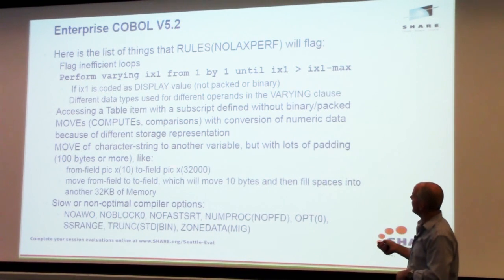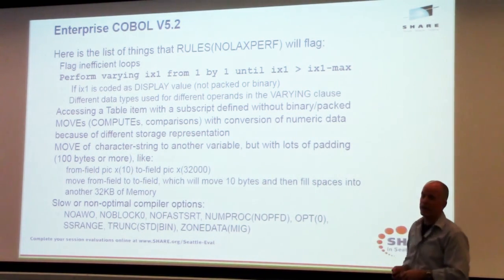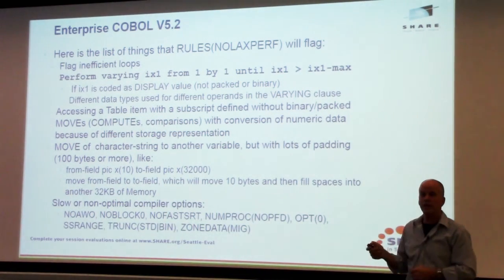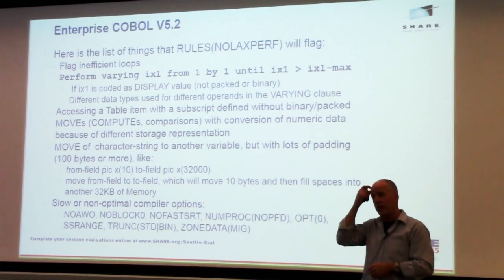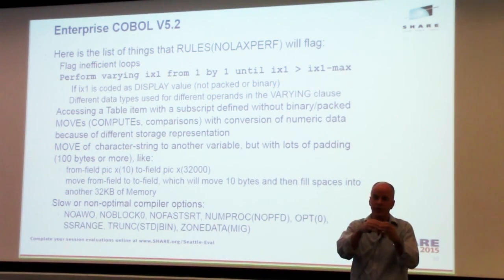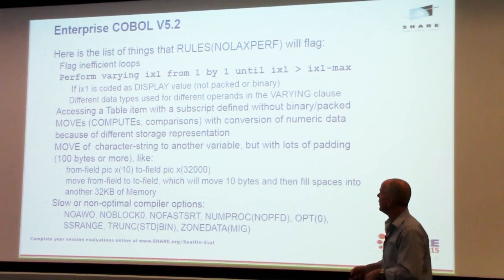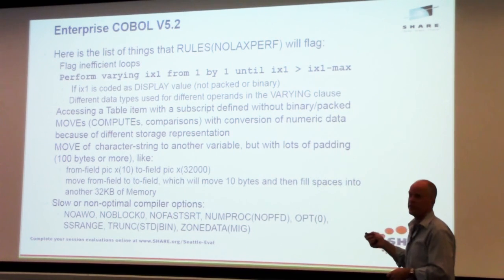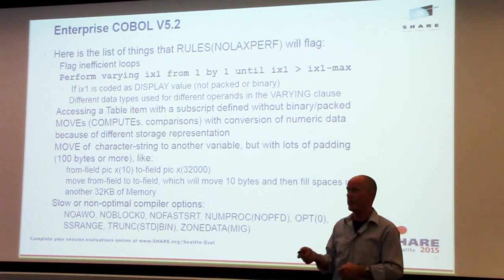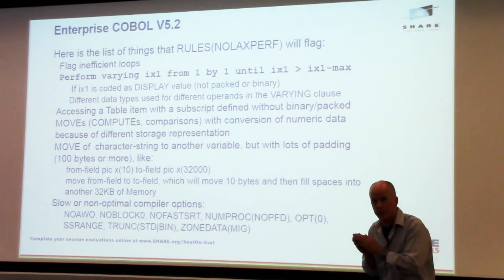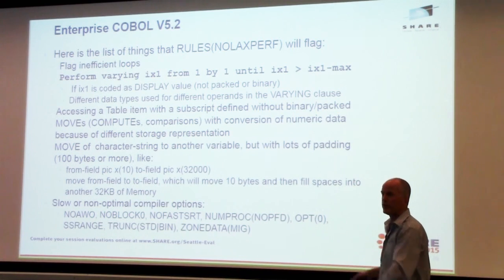Then there are tables accessed with inefficient subscripts, and moves that result in the conversion of data from one type to another. If I just code move A to B, I might not be realizing that I'm actually doing an expensive conversion there. You might want to do it anyway, and that's why you would never force these to be return code 12, because some of them, I really do want to do padding of this entire 32,000 byte field. I might want to have it all be spaced, and I know I'm doing that.